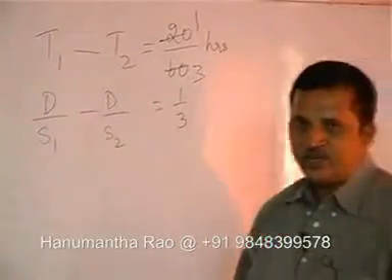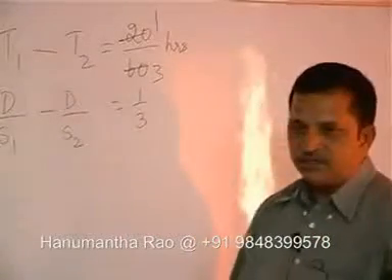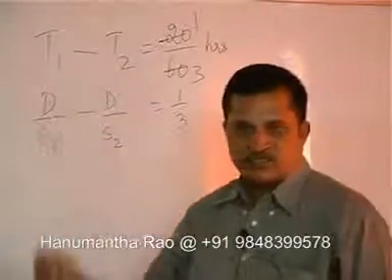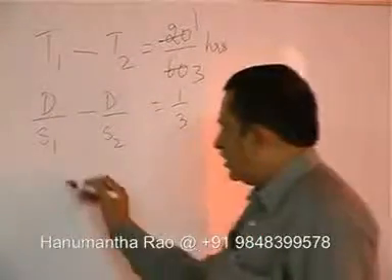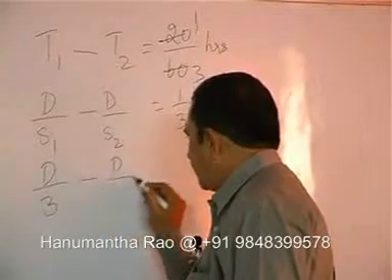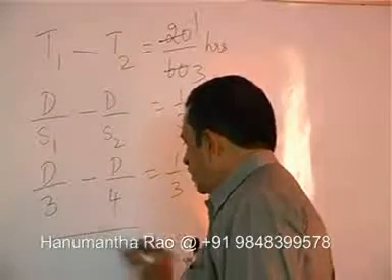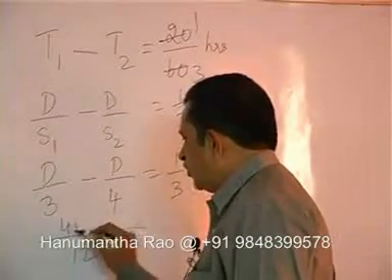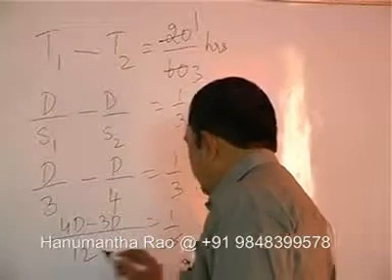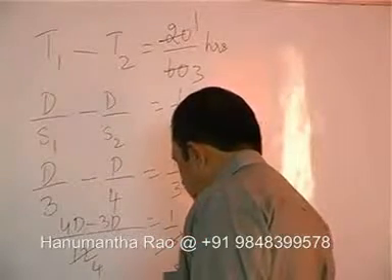Distance by speed 1 minus distance by speed 2 is equal to 1 by 3. I have not mentioned d1 and d2 because distance is constant. D by 3 kilometers per hour minus d by 4 kilometers per hour is 1 by 3. LCM is 12. 4d minus 3d is equal to 1 by 3. 3 will go 4 times. So distance is equal to 4 kilometers.